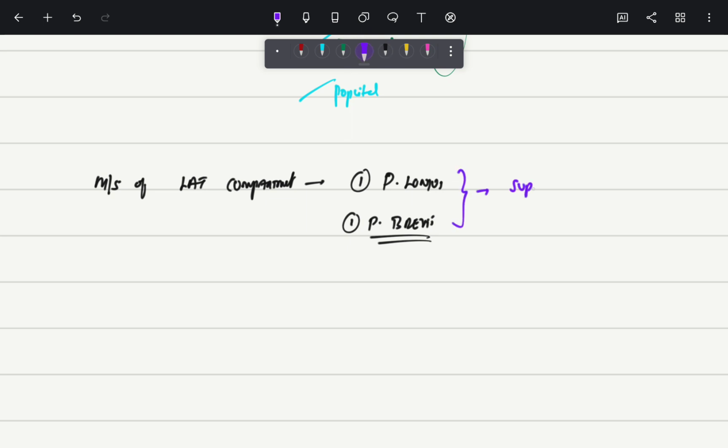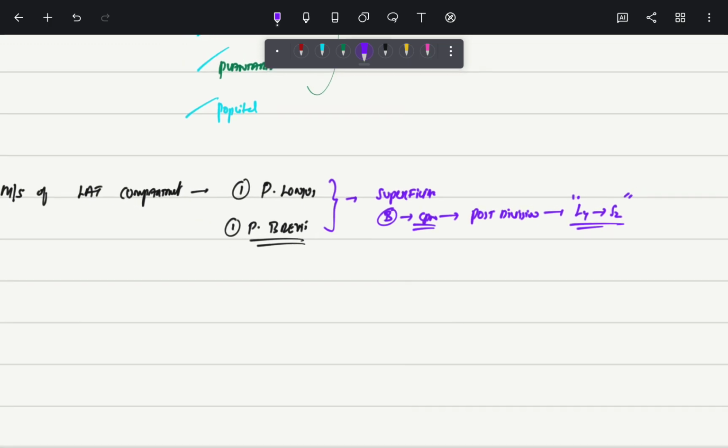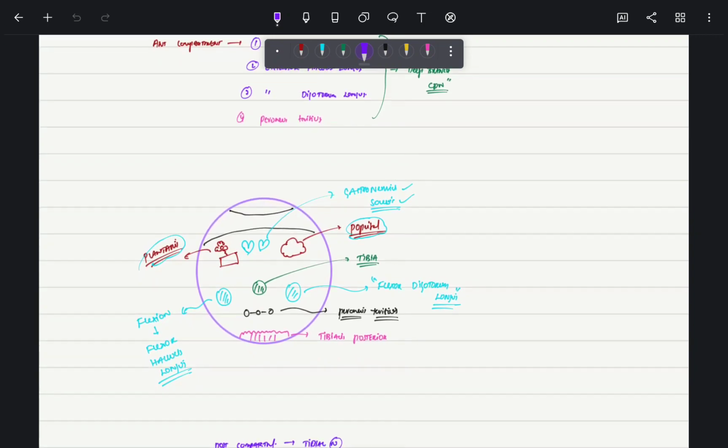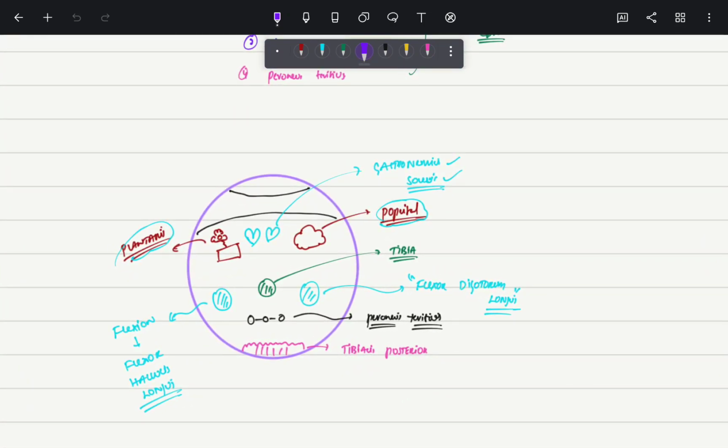The lateral compartment is supplied by the superficial branch of your common peroneal nerve. The common peroneal nerve is derived from the posterior division of your lumbar plexus, so usually it is L4 to S2. So that was about it, guys. I hope you are clarified with this one. These are the most important muscles you have to see, especially the posterior compartment. Thank you, guys.